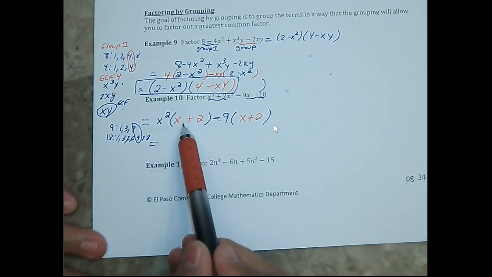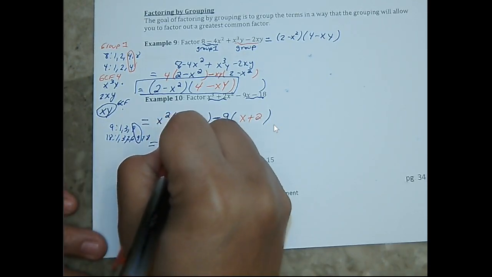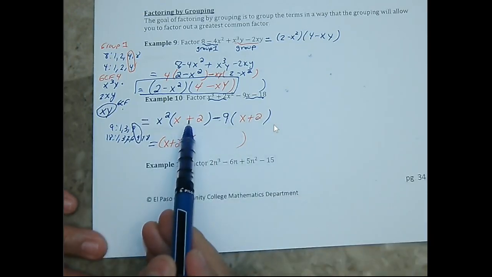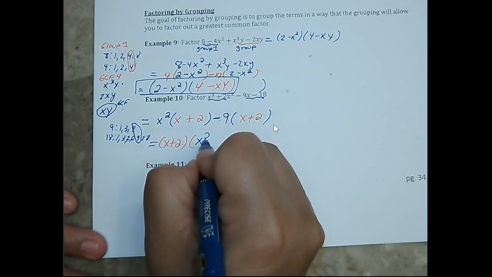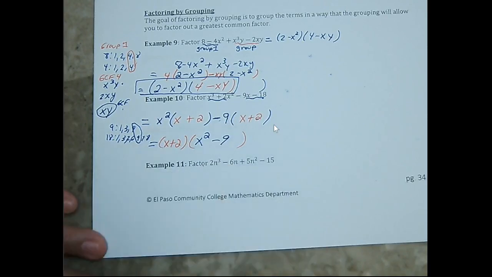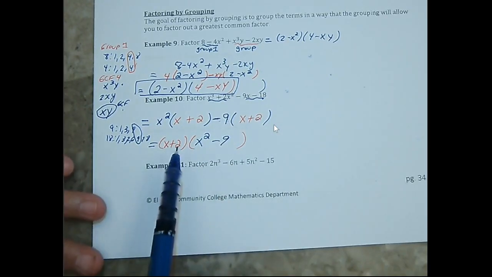So now we can see that x plus 2 is what they have in common. So I'm going to factor that out to the front. And if I do this, then x plus 2 is going to come out to the front, leaving me with an x squared minus 9. So you always want to ask yourself, are my parentheses factored?